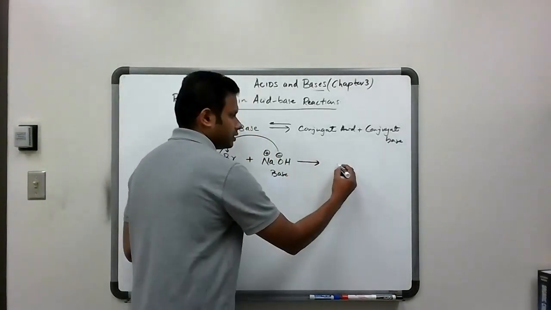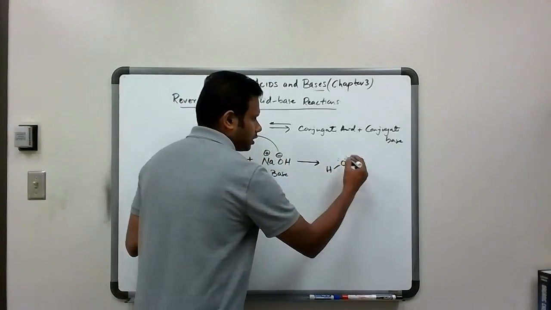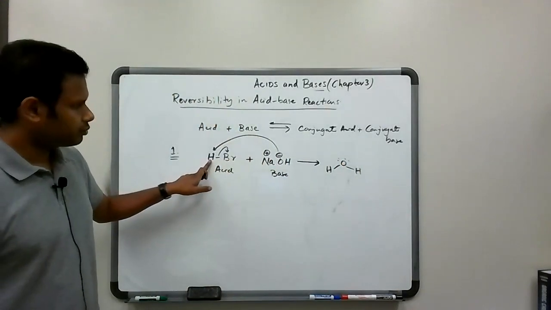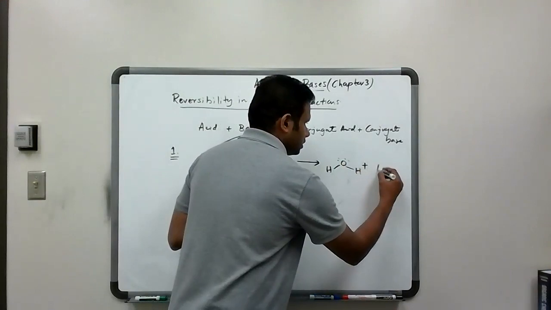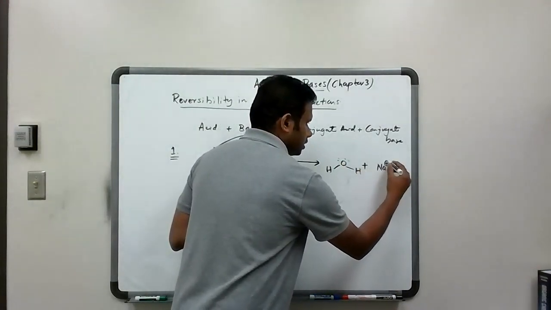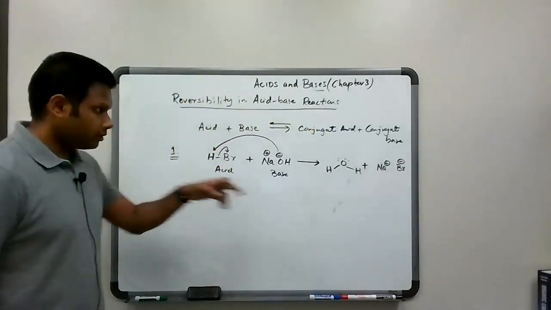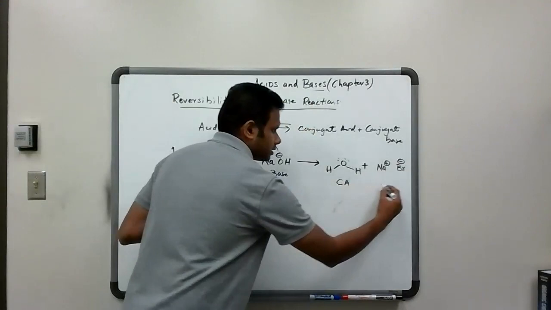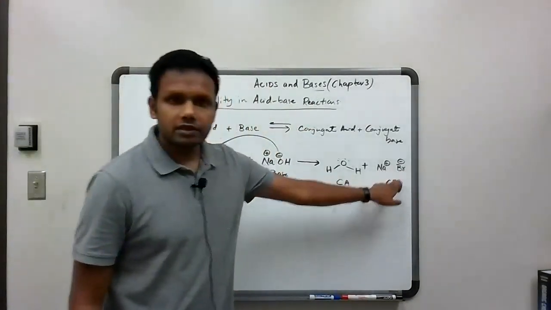This would give us water. The hydroxide, when it accepts the proton, would give us a water molecule, plus it's going to give us Na plus and Br minus.